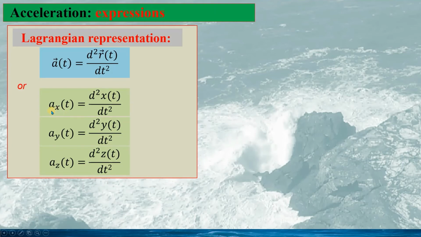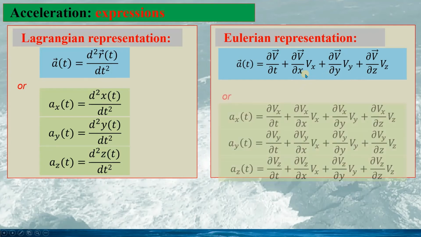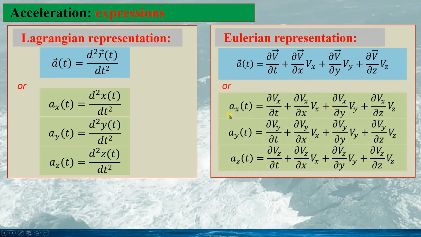Or we have the component ax given as the second-order differentiation of x with regard to time, and so on. While in the Eulerian representation, the acceleration is given as this: the substantial acceleration, and the component given as this.